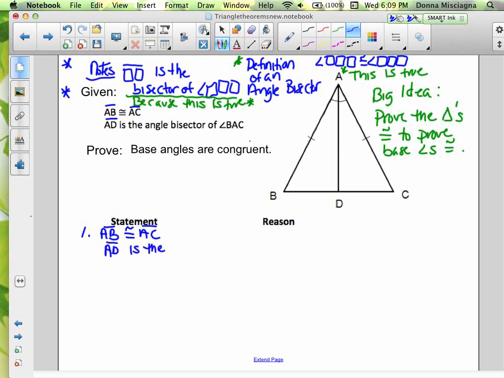I'm going to abbreviate angle with the symbol, and you can too. My I looks a little too much like an E. So put those two statements in your notes.